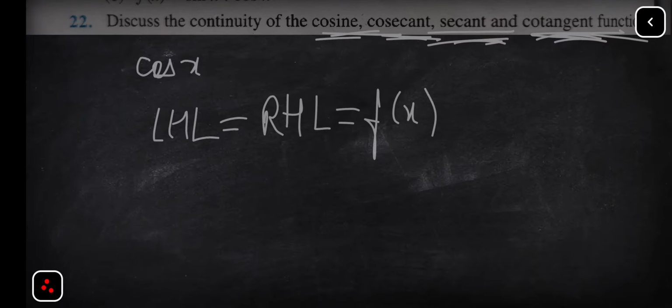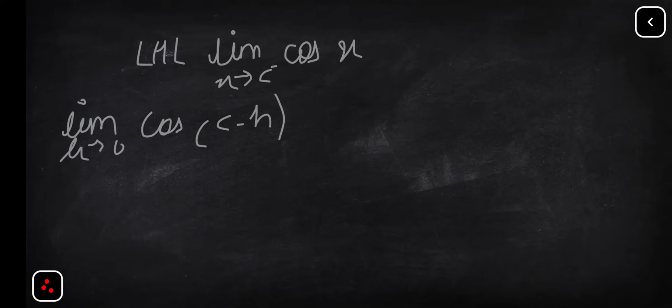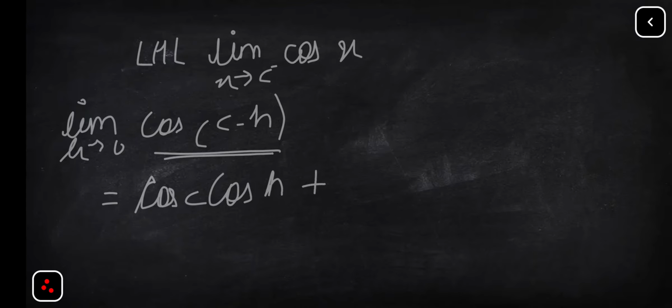First we find the left hand limit of cos x: LHL, limit x tends to c negative cos x, which is limit h tends to 0 of cos(c minus h). Here we open the formula of cos(a minus b), which is cos c cos h plus sin c sin h.